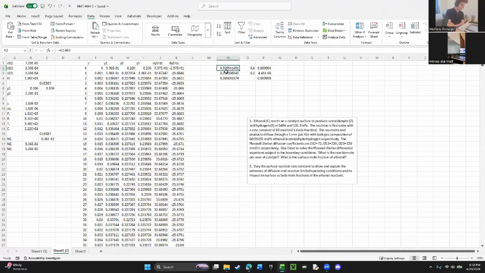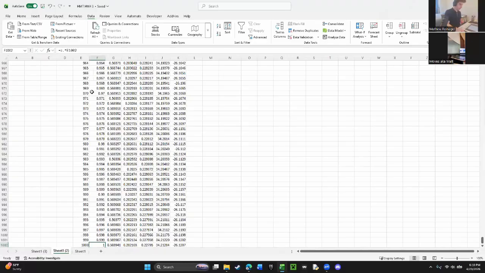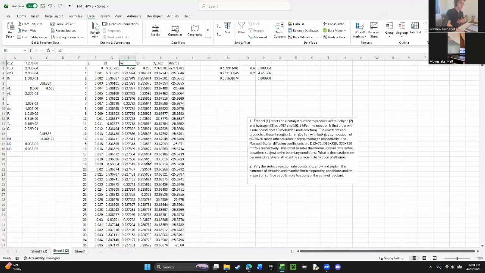If we set the molar fluxes to 5.36 times 10 to the negative 2, we can see that we get a molar fraction at the very bottom that about emulates the 0.6 and 0.2 values that we were estimating in this case.